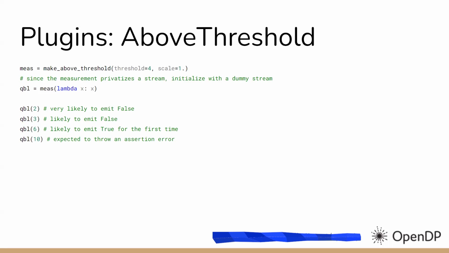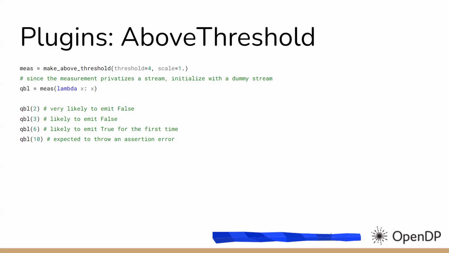So if I were to call this, I first make an instance of this measurement by specifying the threshold and noise scale. I give it a stream. This is a stable stream. I get back out a private stream. This private stream I can query multiple times until ultimately it will reject my queries because it's terminated the queryable because I've gotten a true.